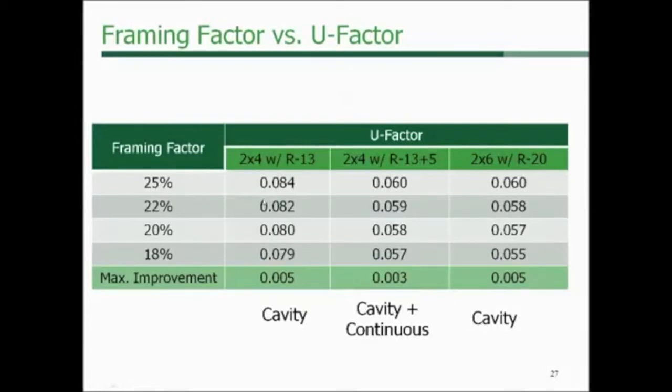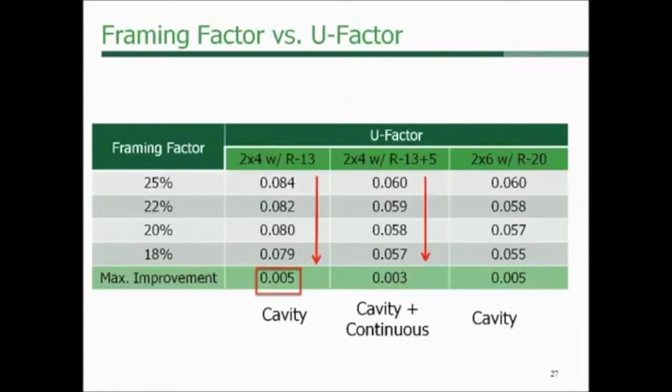You can see that these are our baseline, our normal framing conditions. But as we reduce the framing factor, as we have more cavity and less wood path, you improve the U factor. We improve it by 5/1000ths of a U factor. So I do a lot of work and I get 5/1000ths of a U factor. If you only need a little bit of a U factor change, then changing your framing might make sense. If you need a big change, it's probably not worth it.